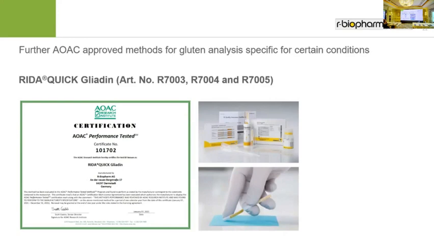You can swab your surfaces where you prepare food. You can swab the equipment that you use for gluten analysis in a lab, for example, and get in a few minutes a result if everything is clean enough for what you want to do or not.